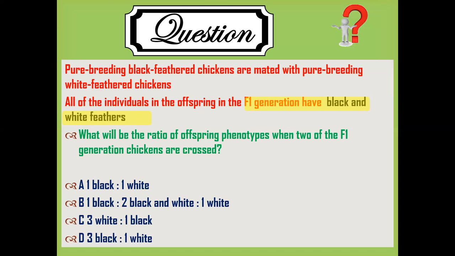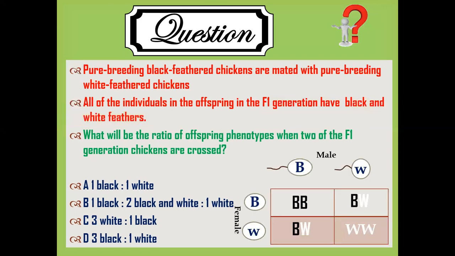One thing is confirmed: the F1 generation is heterozygous, and this heterozygous will express itself independently in the F2 generation. So we're going to calculate. For example, we have two different types of sperm because both parents are heterozygous, and two different types of egg.